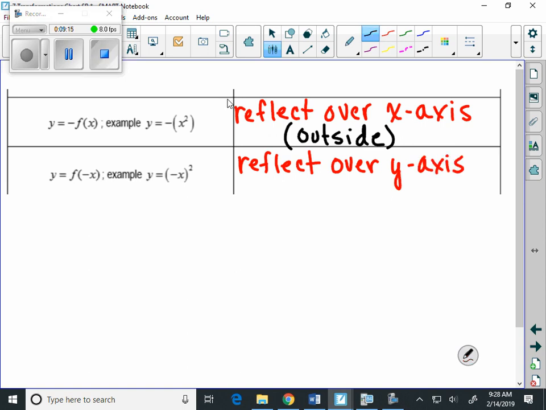And again, I oftentimes refer to it as outside the function or inside the function on this one specifically. The negative is inside. It's within f. It's f negative x.